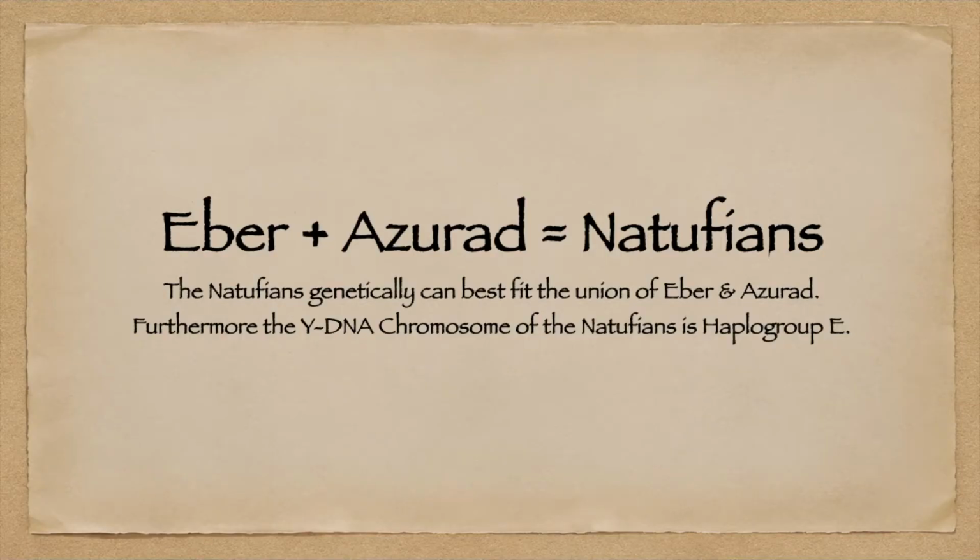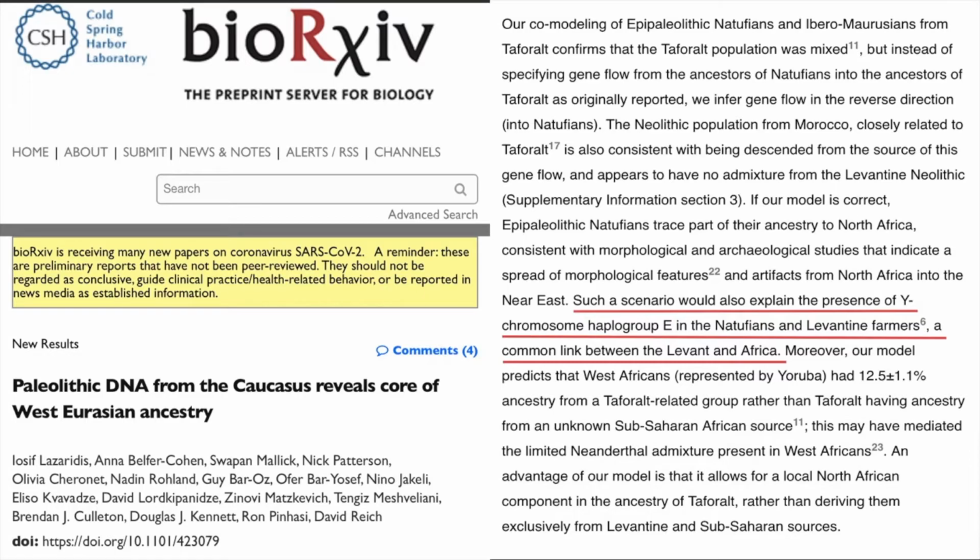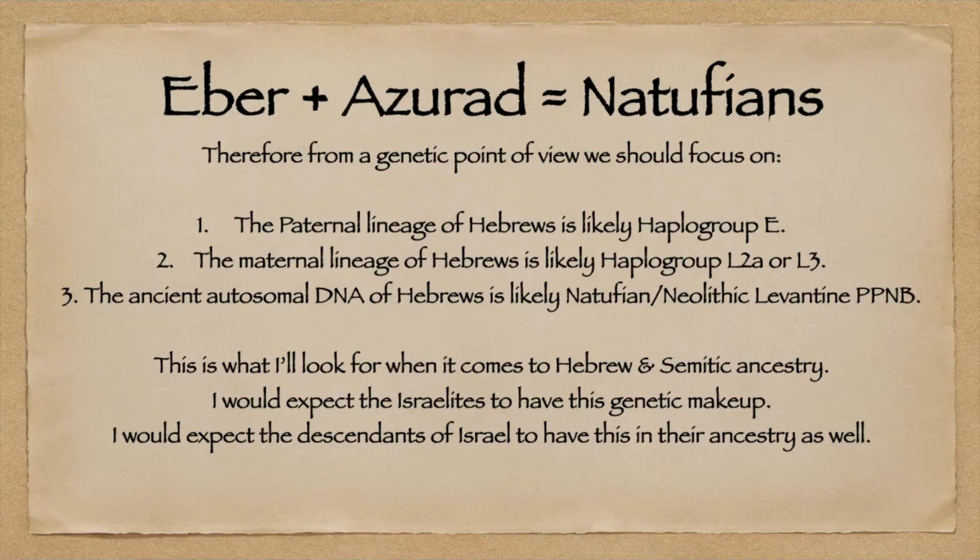The Natufians genetically can be the best fit for the union of Eber and Azurad. Furthermore, the Y chromosome of Natufians is haplogroup E. Such a scenario would also explain the presence of Y chromosome haplogroup E in the Natufians and Levantine farmers, a common link between the Levant and Africa. And that was from Paleolithic DNA from the Caucasus revealed core of West Eurasian ancestry.